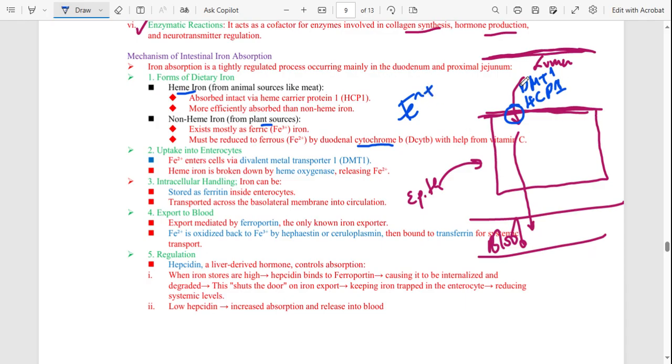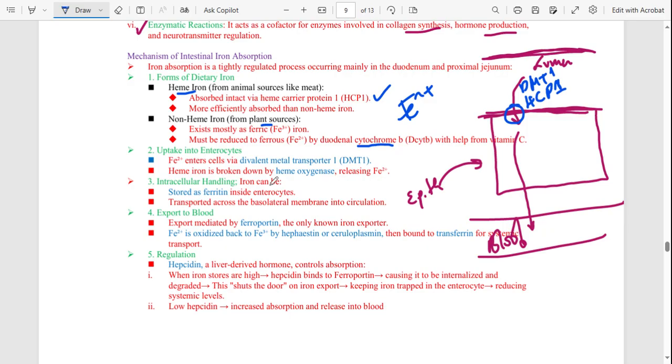And then once that iron has entered the epithelial cell, in this case the enterocyte, it is going to be broken down, releasing iron 2 plus. So in this case, we are considering the heme iron first. This is what you get from animal sources.